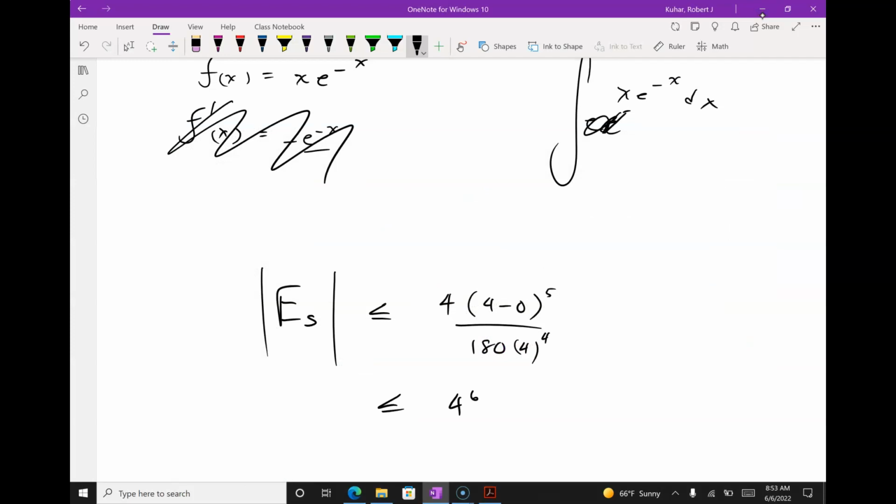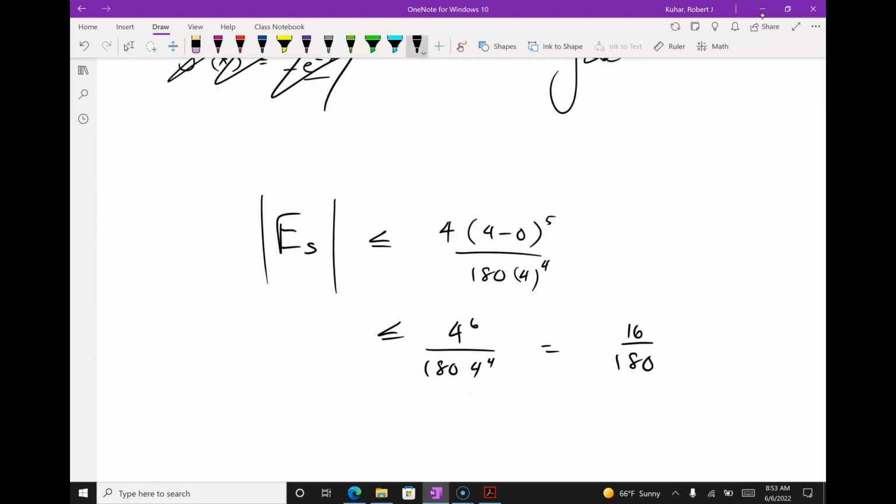So it's 4 to the sixth times 180 times 4 to the fourth. So it's 16 over 180. Eight over 90, 4 over 45. 4/45.